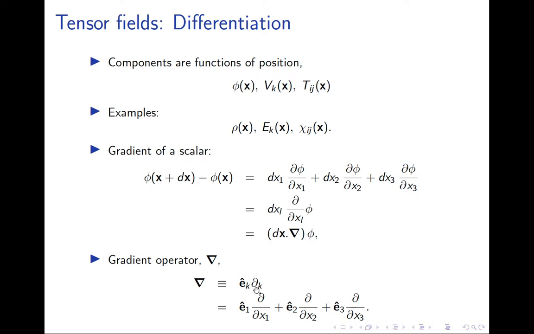So ek hat del k. So we have a basis expansion. There's a basis element and then there's a component. But mind you that the basis element, usually we are accustomed to writing it on the right. However, because this is a differential operator, anything on the right will get differentiated, and we don't want the basis to get differentiated. So that's why we've written the basis on the left. Okay.